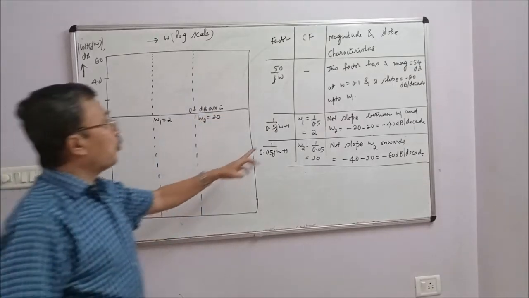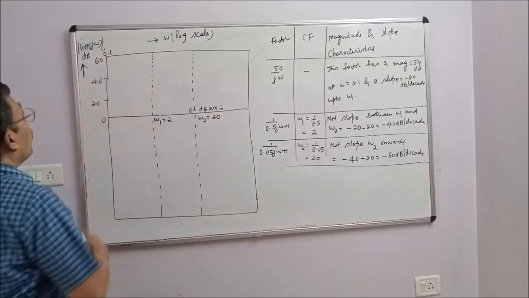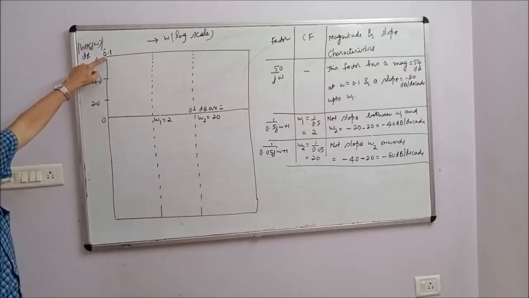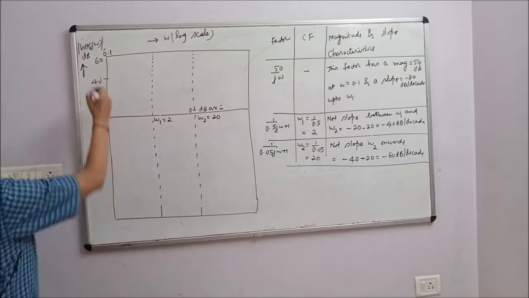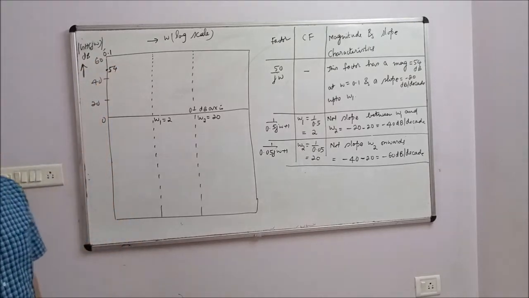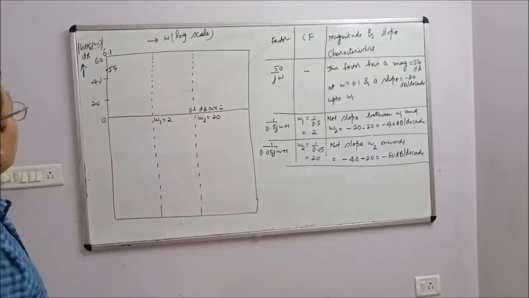Now, when omega is 0.1, this is here omega is 0.1. The least value of omega in a semi-log sheet is 0.1. When omega is 0.1, the magnitude is 54 dB. And what is the slope? Slope is minus 20.